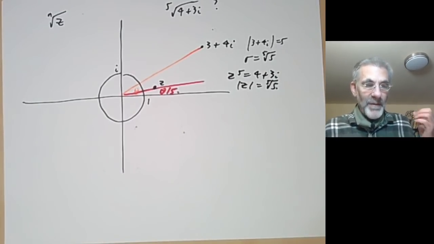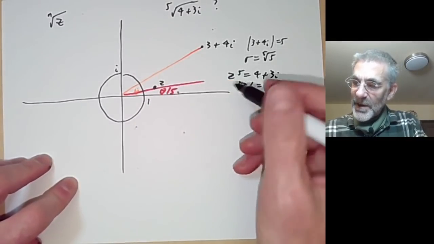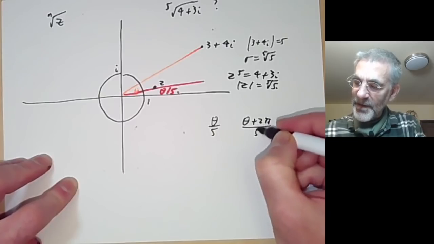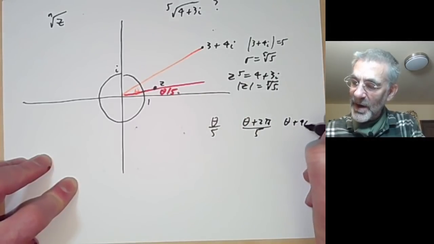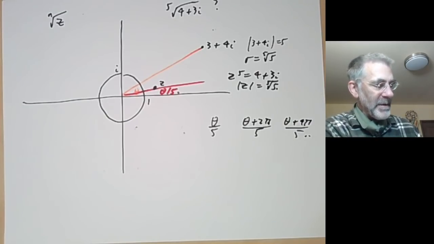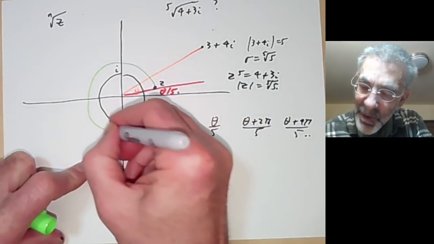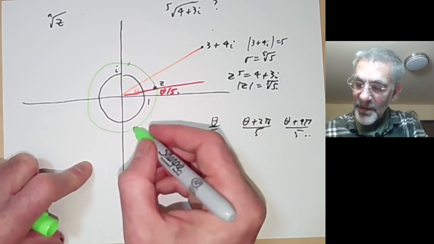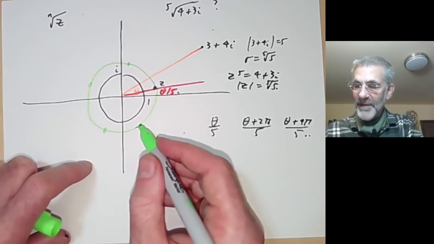Well, just as numbers have more than one square root, they also have more than one 5th root. In fact, if we've got this angle theta over 5, we could also take theta plus 2 pi over 5, because this number also has argument theta plus 2 pi, and it has argument theta plus 4 pi, and so on. So the argument of the 5th root is not really well defined, because we can add 2 pi over 5 to it, or we can add 4 pi over 5 to it, or we can add 6 pi over 5 or 8 pi over 5 to it.